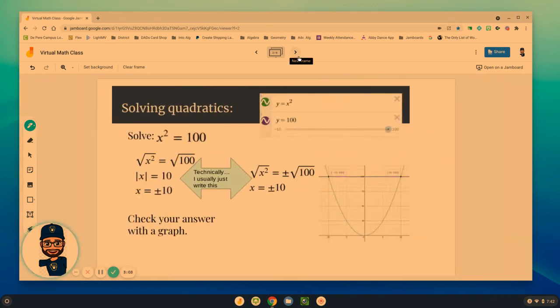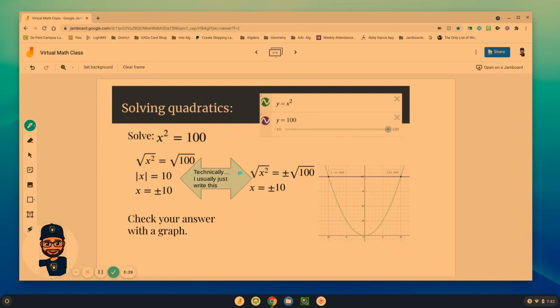Now, how does that play into what we are doing? Well, as we solve these different quadratics, we're going to end up taking a lot of square roots. The square root of x squared is how I get x by itself. Typically we just write it as x equals, but we should be looking at the absolute value of x squared, and then we take the square root of the other side, of 100.